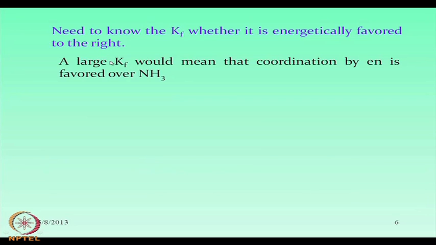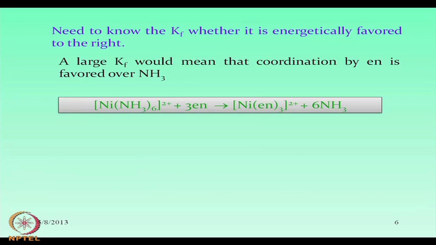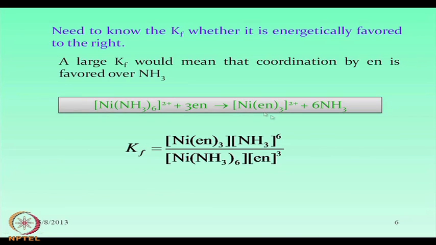If we are able to measure the corresponding Ka value in solution for the reaction of ethylene diamine with NH3, we can consider that the binding of ethylene diamine, that means the coordination of ethylene diamine, is favored over NH3. That is why ammonia molecules are leaving and those positions are taken up by the ethylene diamine molecules. So, we find the binding of 3 ethylene diamine to this system.